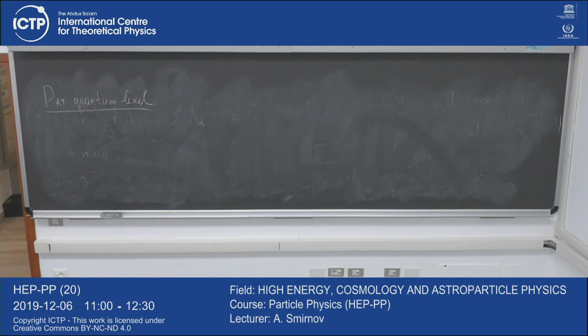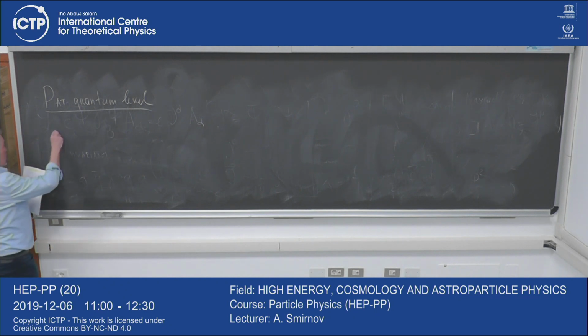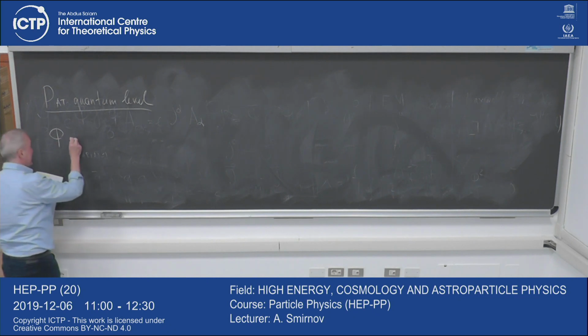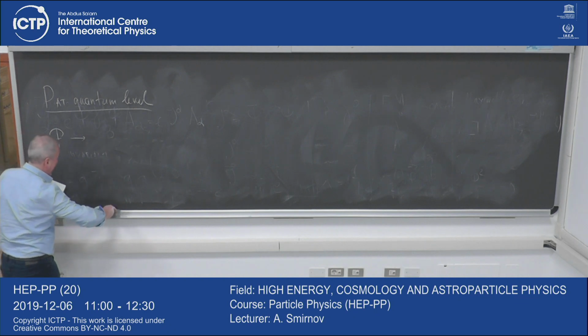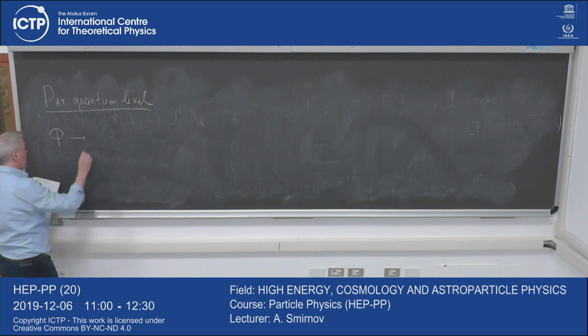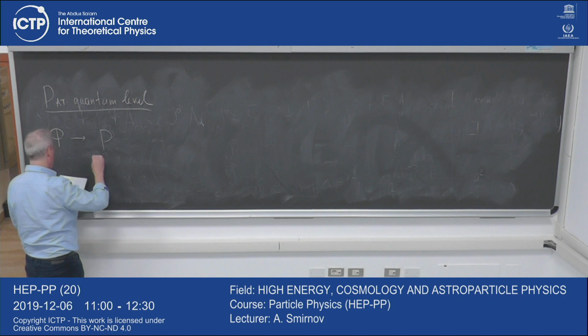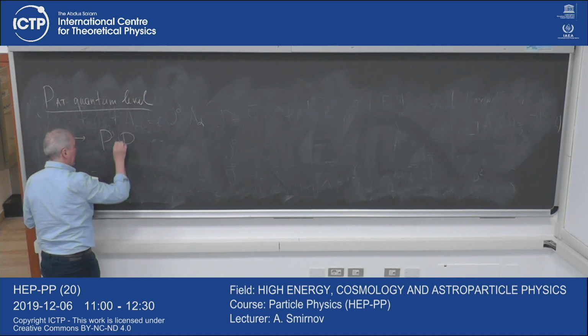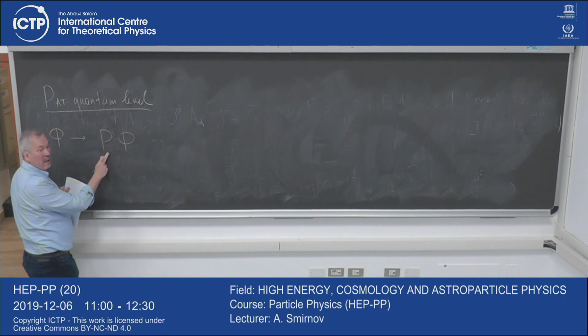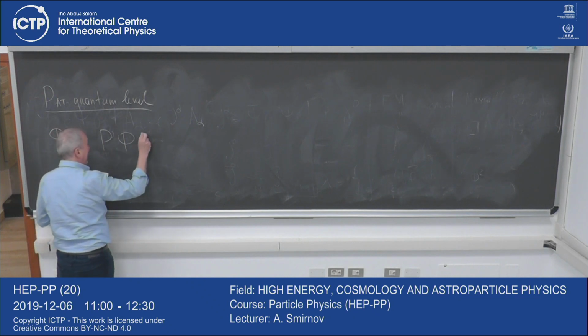In defining transformations at the quantum level, we want to have correspondence to what we had at the classical level. So in general, transformations at the quantum level are described by the introduction of an operator of P transformation.